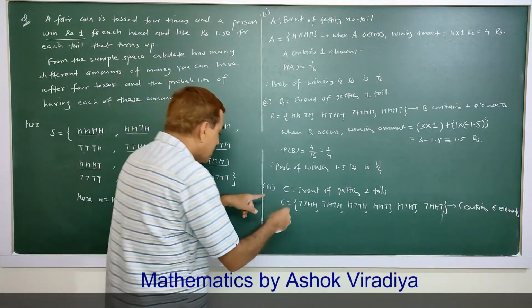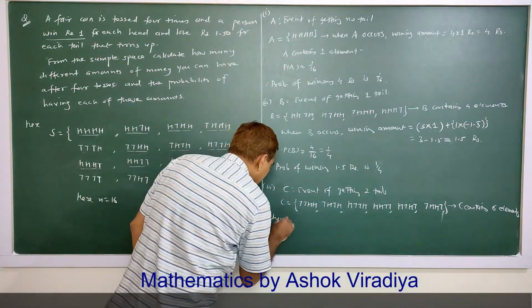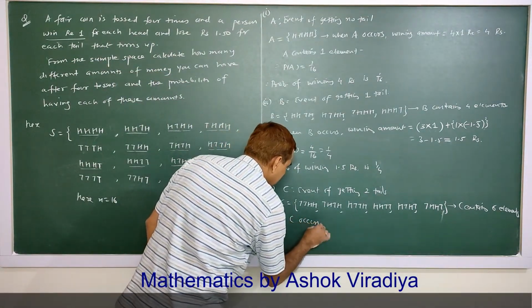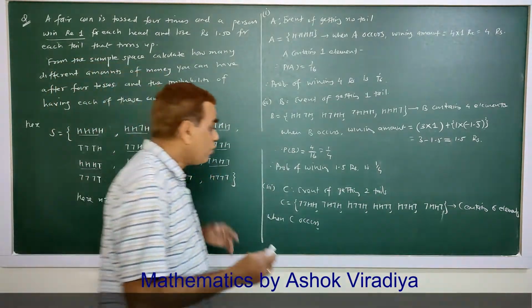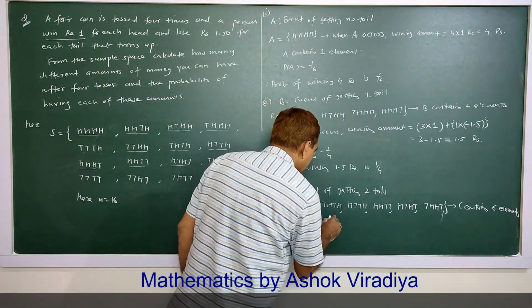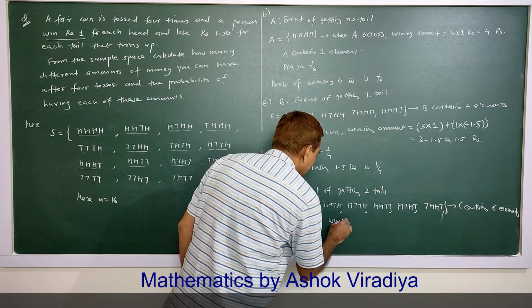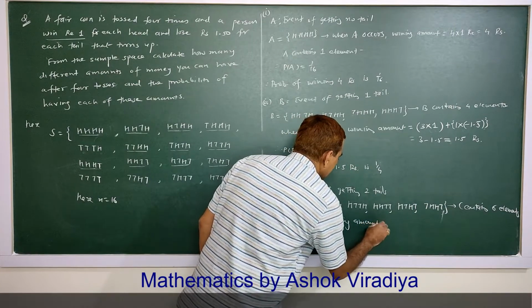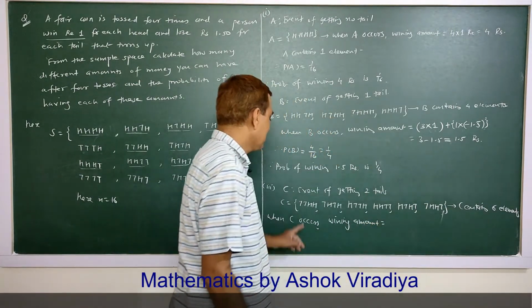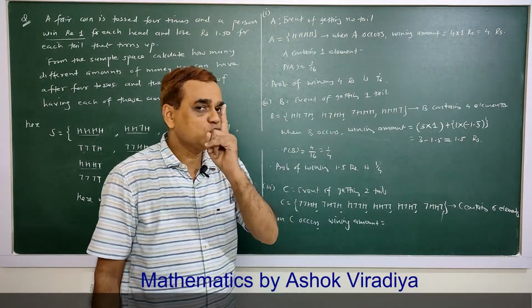Now when this event C occurs, the winning amount is, see, there are 2H and 2T.